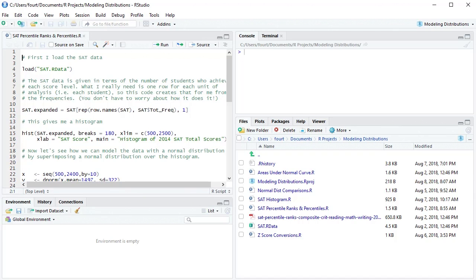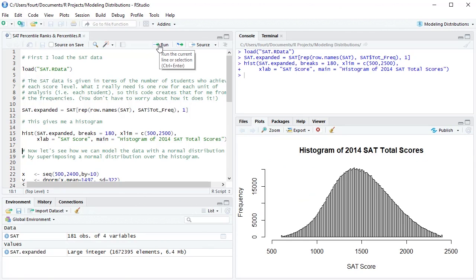SAT data follow a normal distribution. Here are the SAT data from the 2014 administration of the test, displayed with a histogram.